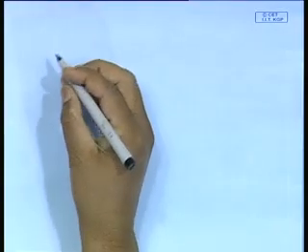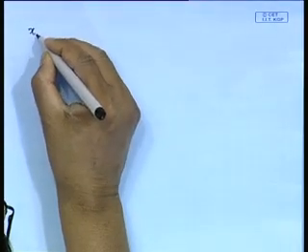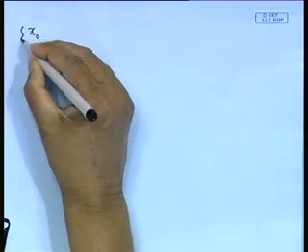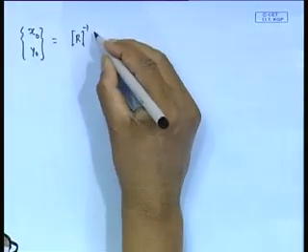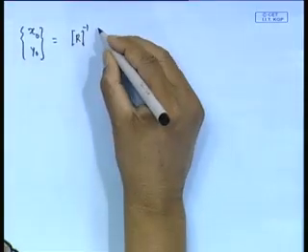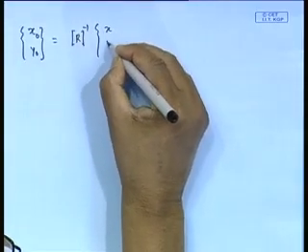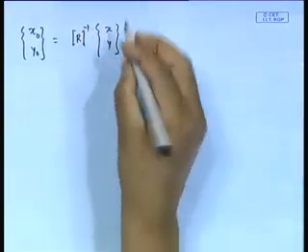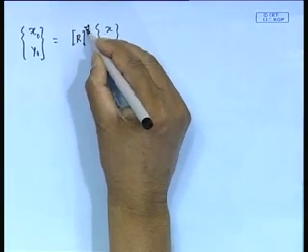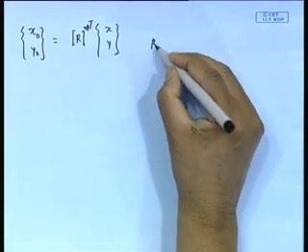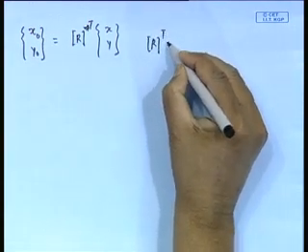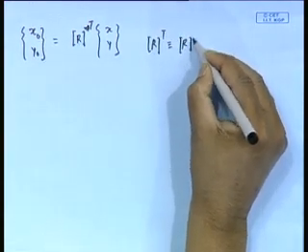That means if I want to get x0 y0, this becomes equal to R inverse, which becomes the same as R transpose, which is equal to R inverse.